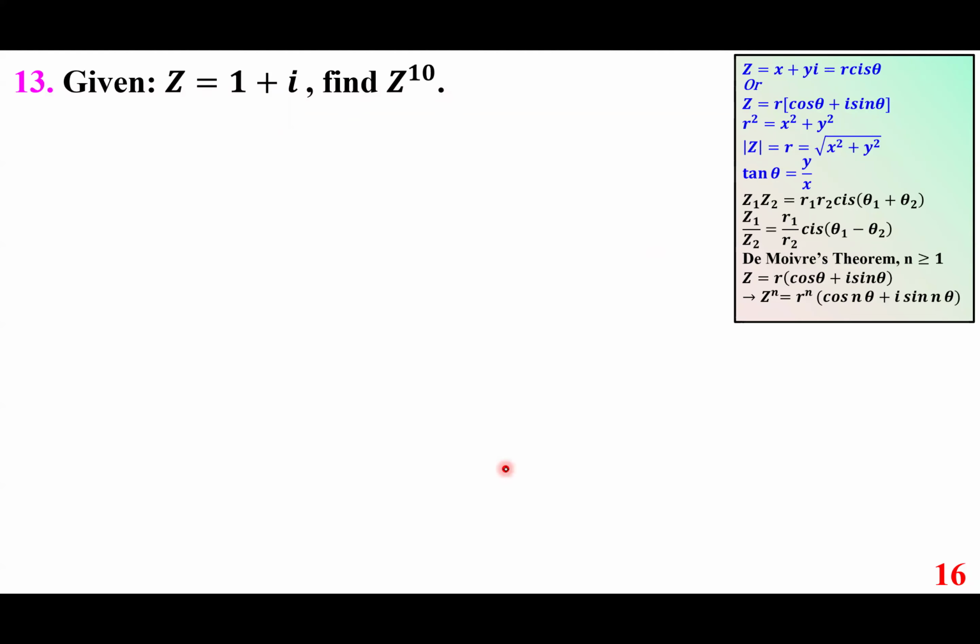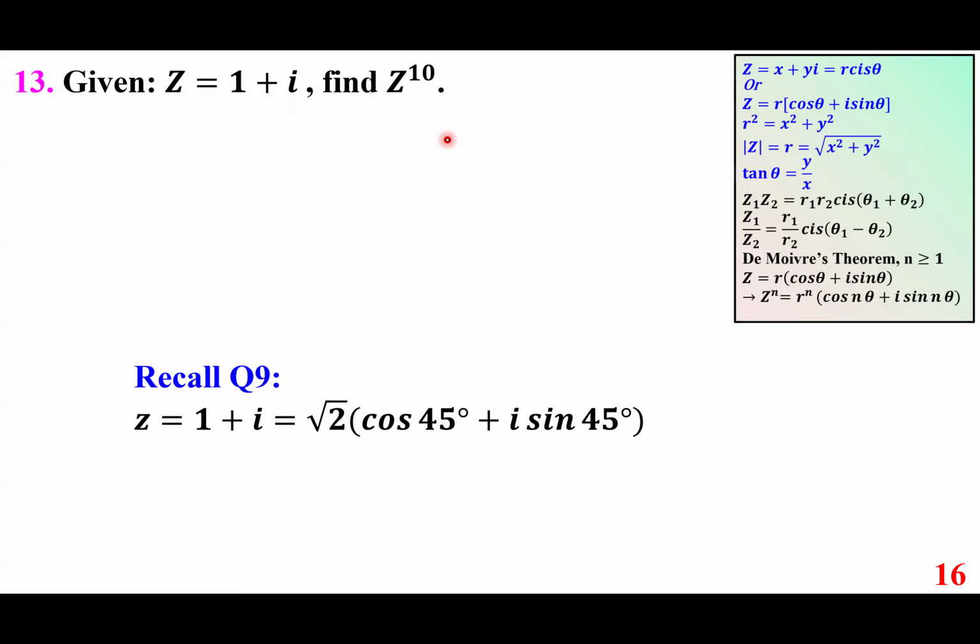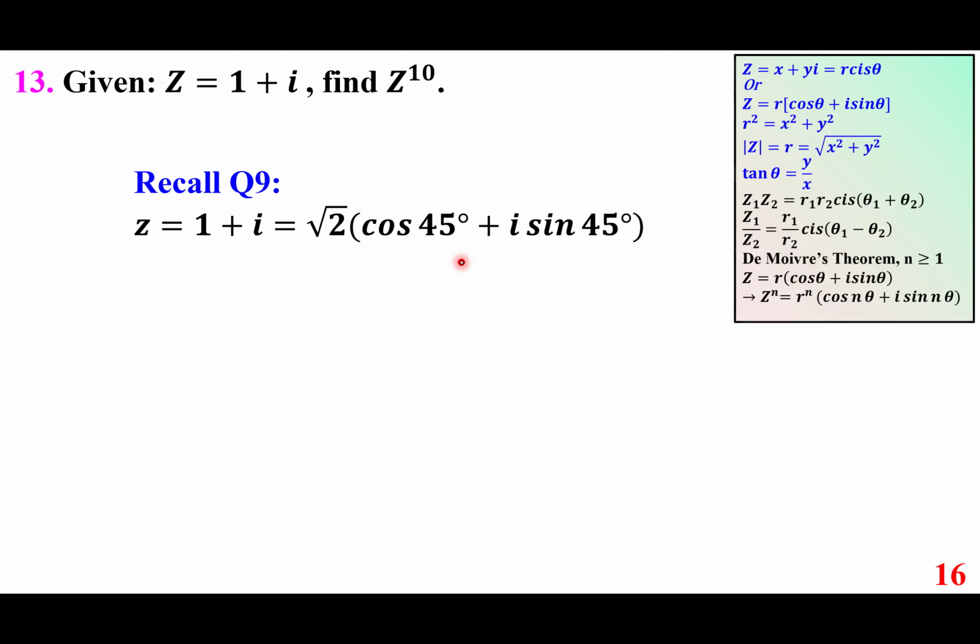Instead, we're going to convert it to polar format r cis theta, and then raise it to the power of 10. And I hope you remember in question number 9, we did this. We calculated this. So we are not going to repeat that.